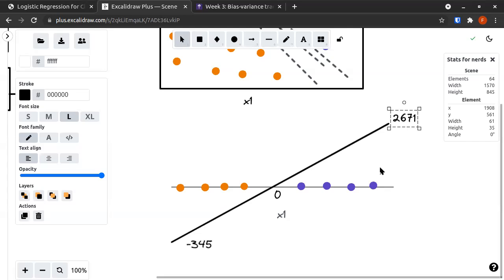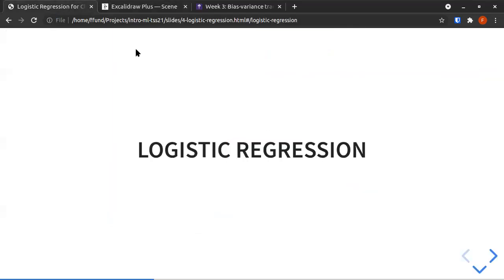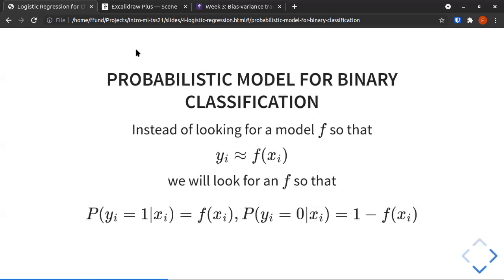And we want a loss function where the output of the model is close to the true value. So conceptually, fitting a linear regression for classification does not really make a lot of sense. And more generally, it doesn't make a lot of sense to try and fit a model that produces y directly in this linear case.